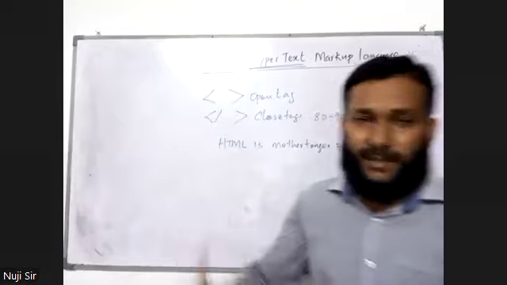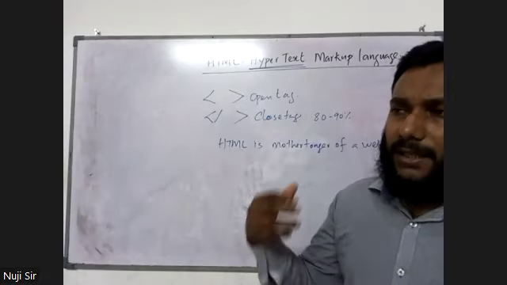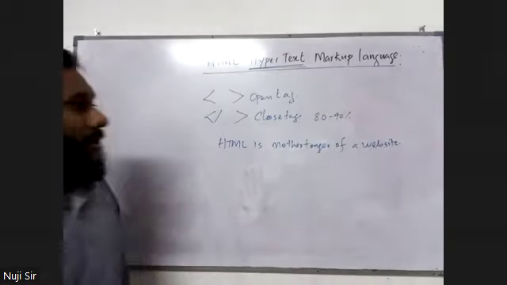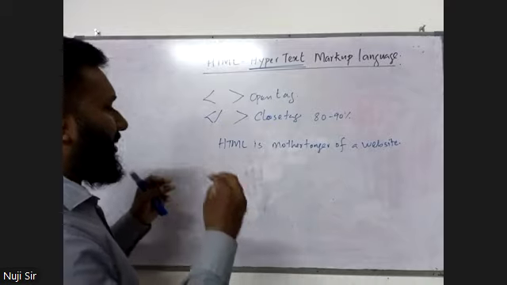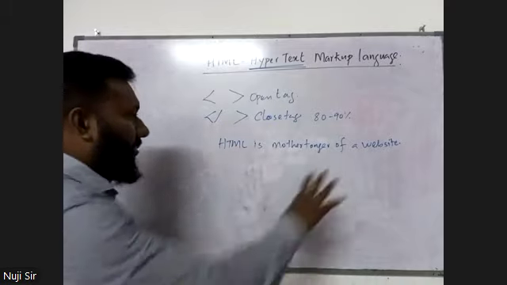Inbuilt HTML support frameworks, WordPress, we call a CMS, content management system, and so on. So now you can simply understand what it is. Let's discuss one by one. So this is what we call a mother tongue.